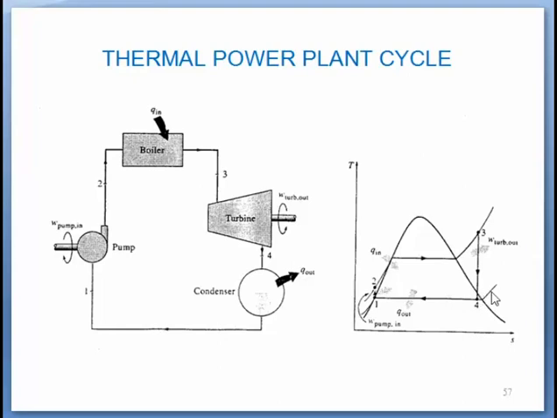It ends in the wet zone, and from 4 to 1 is the heat rejection process. Now the latent heat of steam is rejected, and the phase change also gets started from this steam. It is again converted into the saturated liquid, and again this same cycle gets repeated.